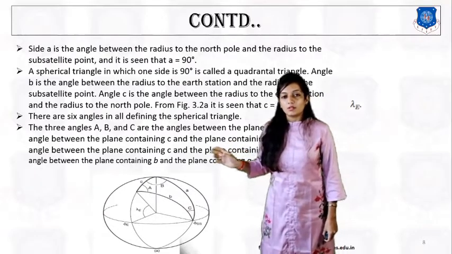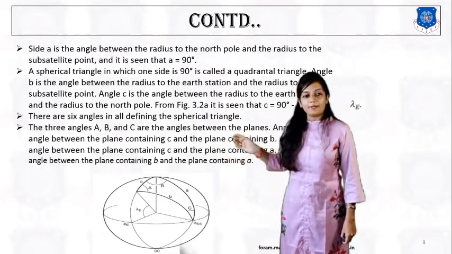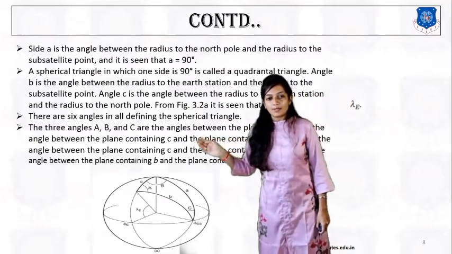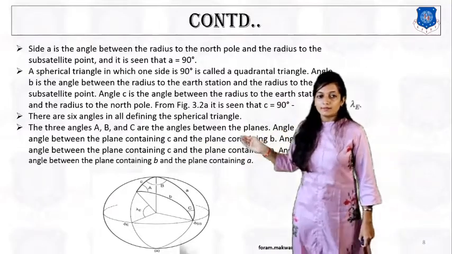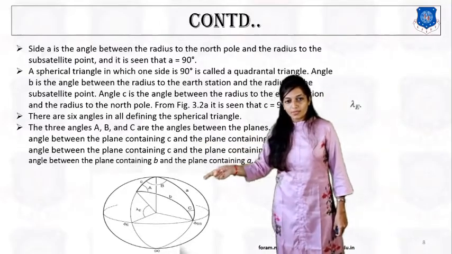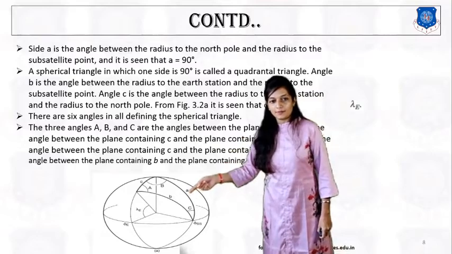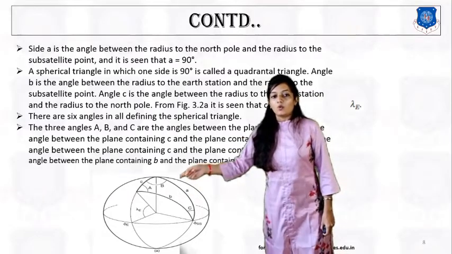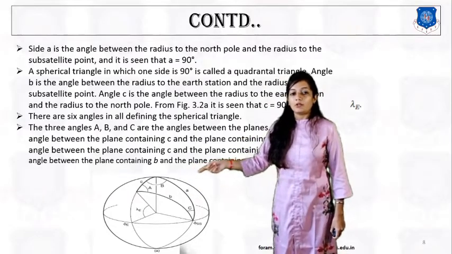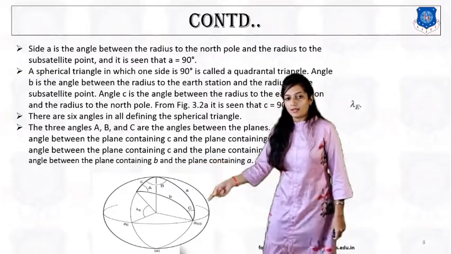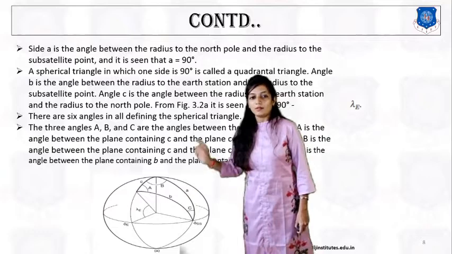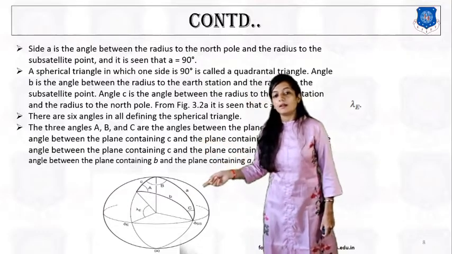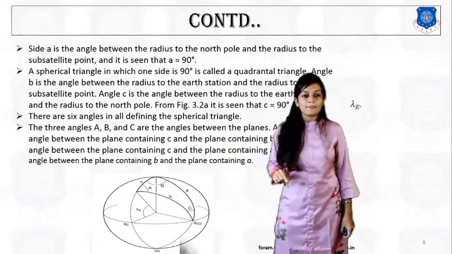We have already noted the small a, b, c. Now the capital A, B, C are the angles between the planes. That is, capital A is the angle between plane C and plane B, right? Now, capital B is the angle between plane C and plane A, and capital C is the angle between plane A and plane B. Alright.